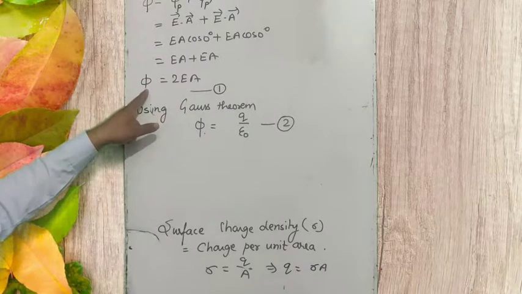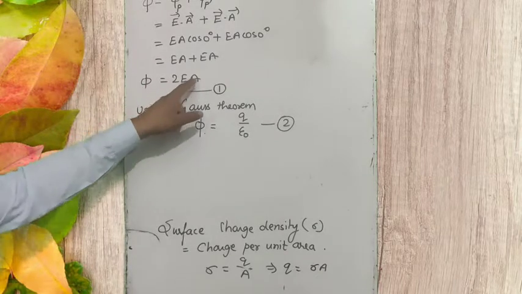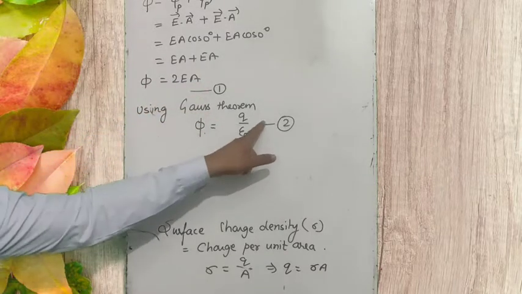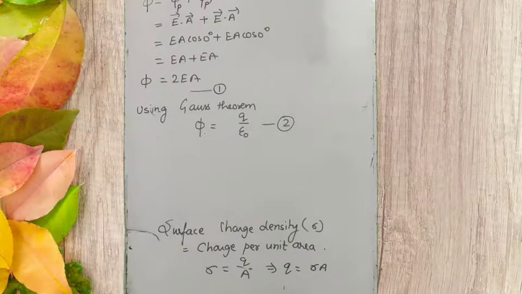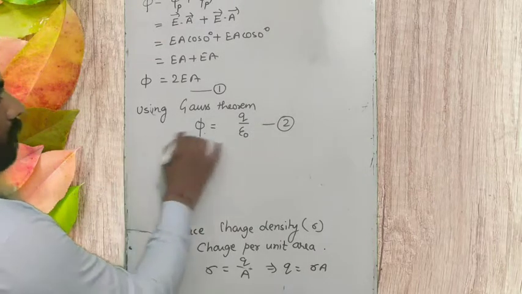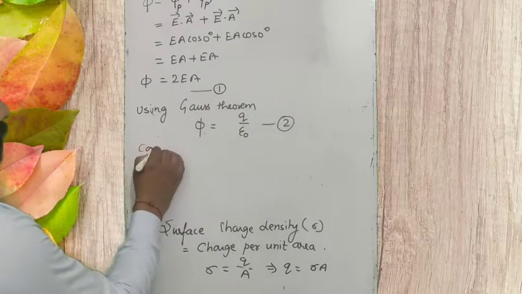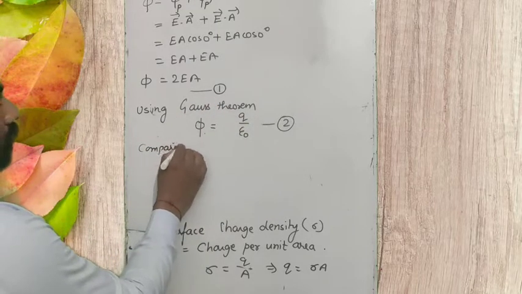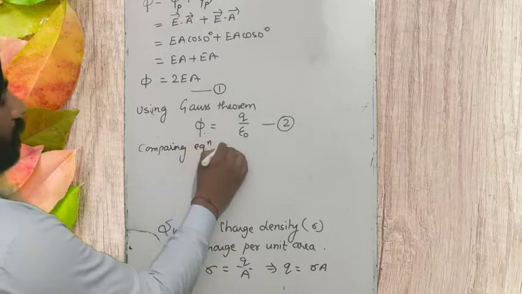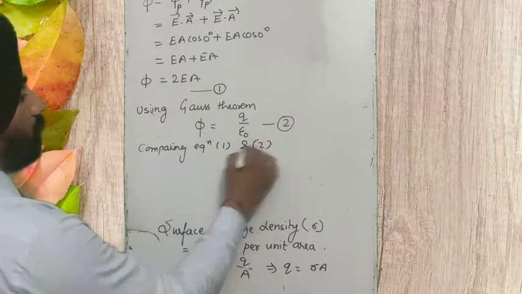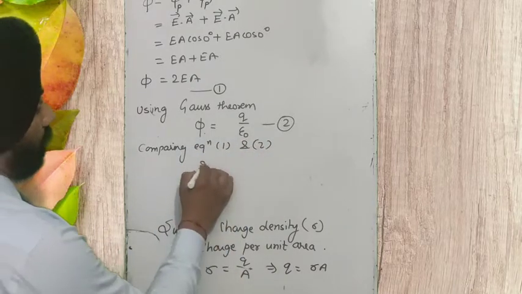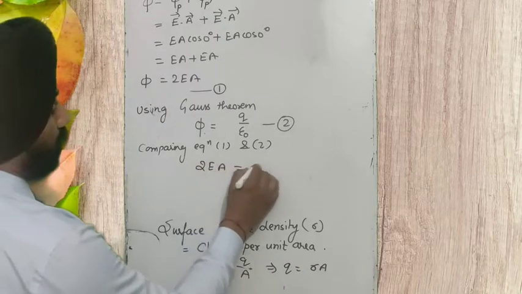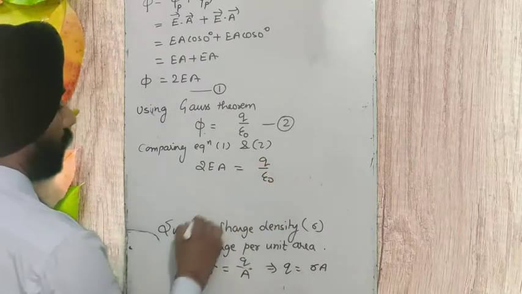So now we have two equations for flux. One is 2EA, another is Q by epsilon naught. Both must be equal to each other, so we compare equations 1 and 2. So 2EA is equal to Q by epsilon naught.